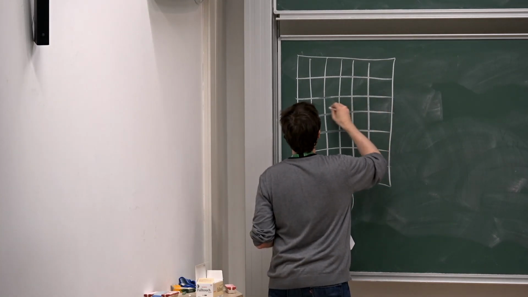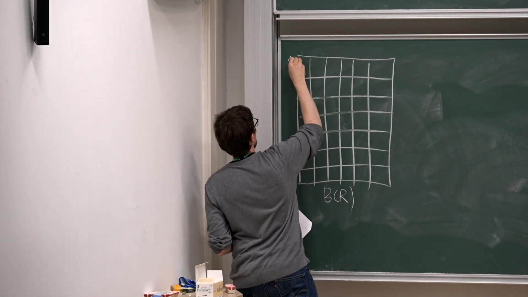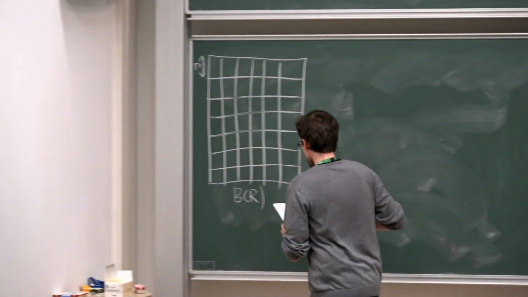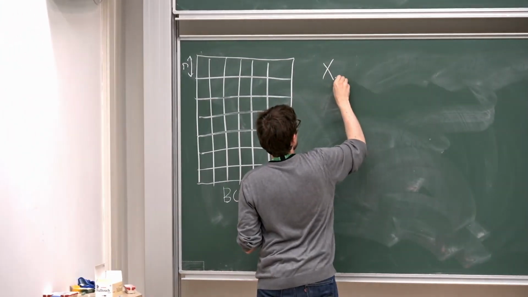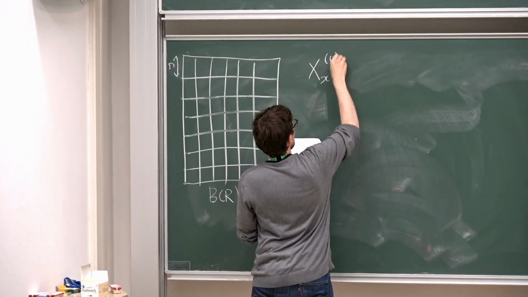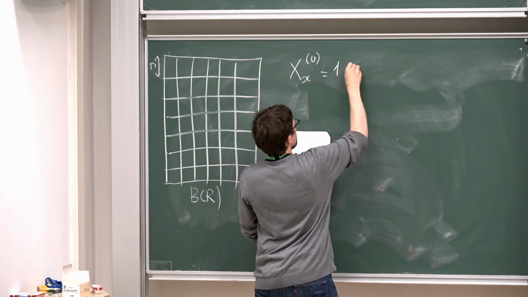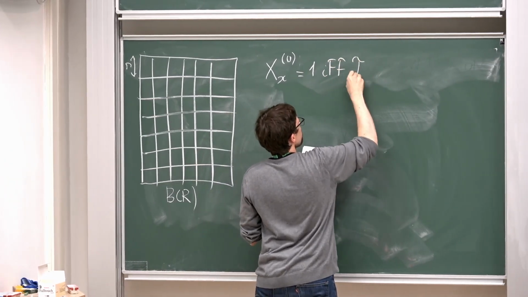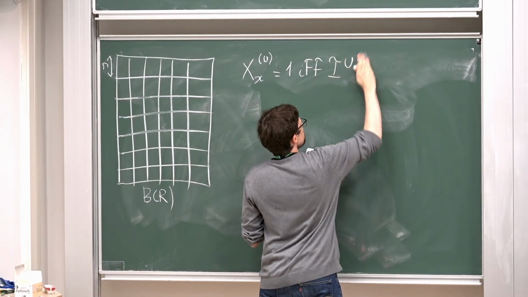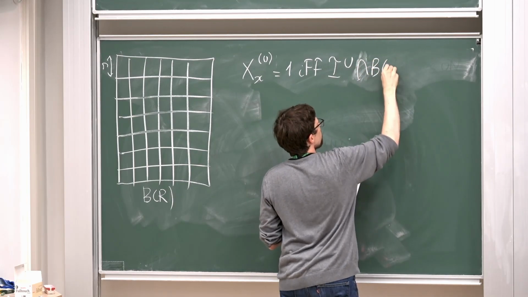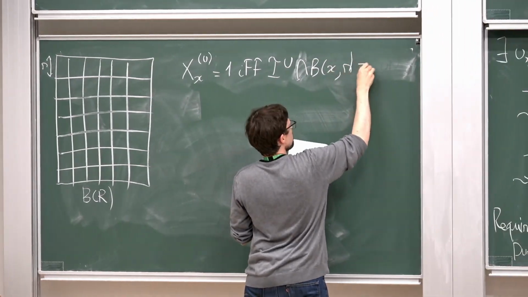Of size small r. Okay, and then I define a new variable, x_u, which is equal to 1 if and only if I^u intersected with B(x, r) is non-empty.